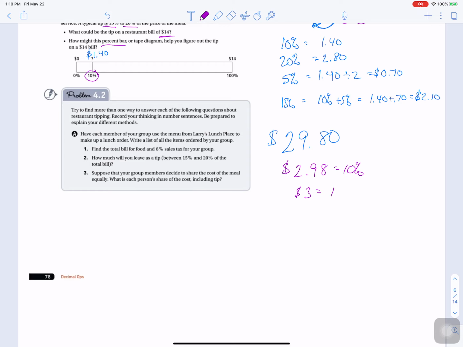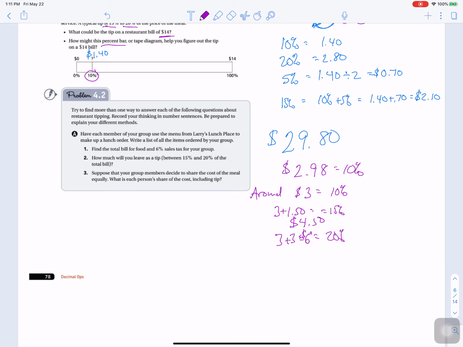I would call $3 my rounded 10%. If I wanted 15%, I would take the $3 plus half of the $3, and I would get $4.50. That's an easy way of getting 15%. Or if I wanted 20%, I would just do 3 plus 3, which is $6.